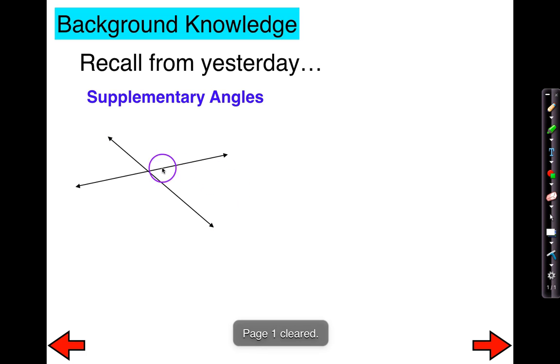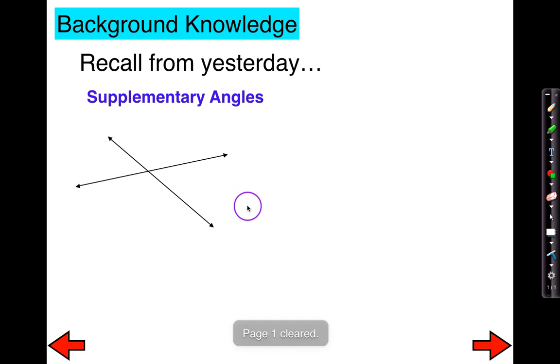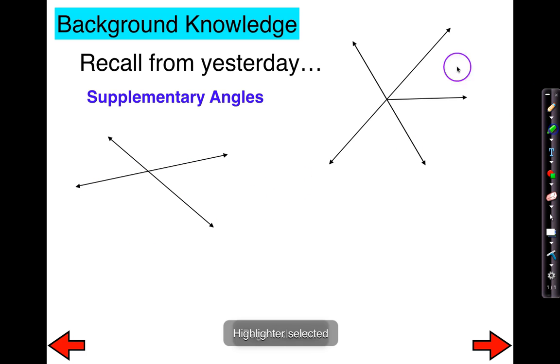Now, are there different variations of it? Absolutely. You can even see yet another one here. You can see that this angle combined with this angle also created this straight angle which measures 180 degrees. Okay, here yet again, here's a straight angle.